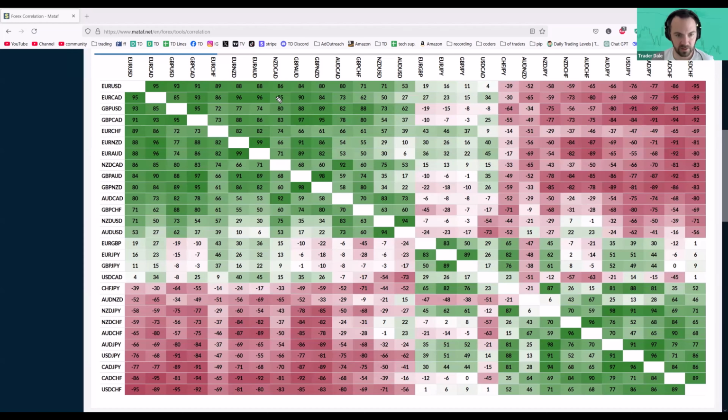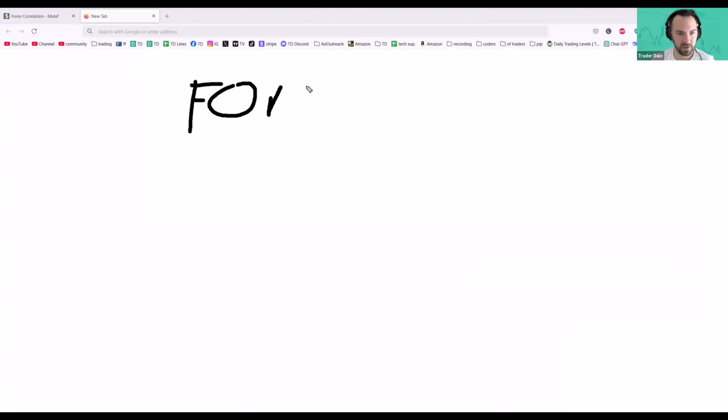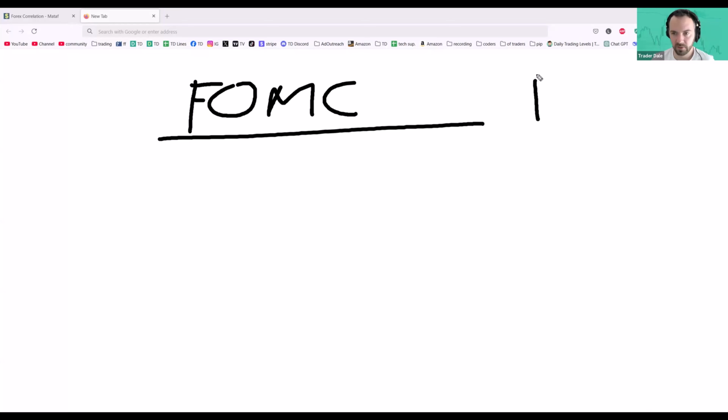So let's say that this week the FOMC will cause the US dollar to strengthen. Let me just draw on a blank list so it's better visible. There's the FOMC, and the result will be the strengthening of the US dollar, right?